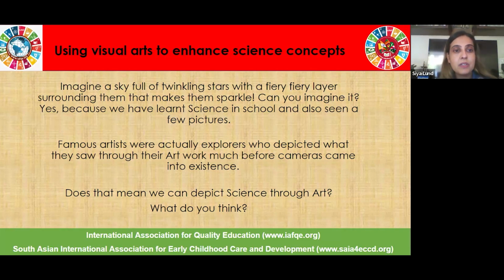So they used not only descriptive words to explain to us what space was all about or what stars look like, but they also used the image in their mind, the visual imagery, and depicted it on paper in the form of maybe art, color, paint, like a painting of stars, or a drawing, a sketch, through which we, the rest of the world, got to know what this is like, right?